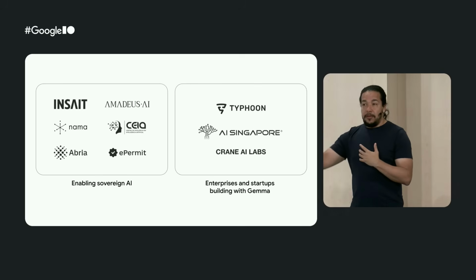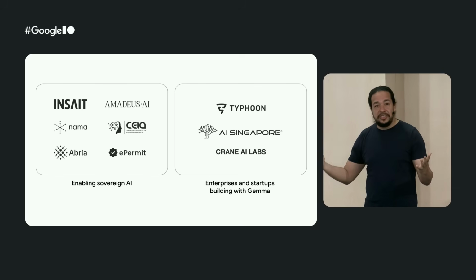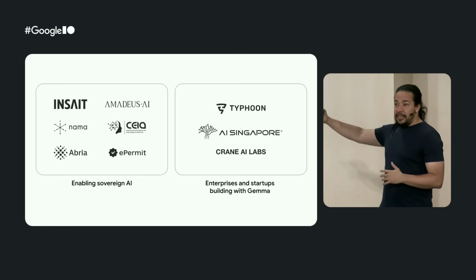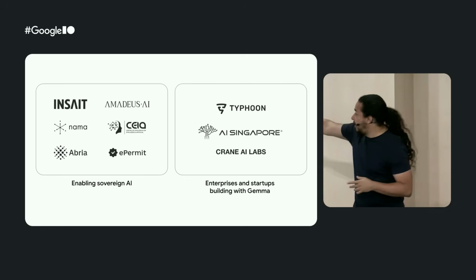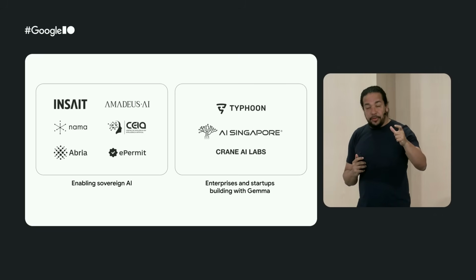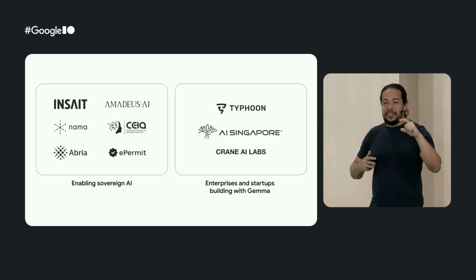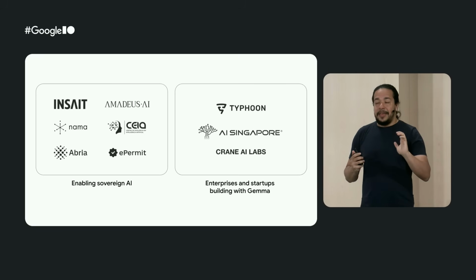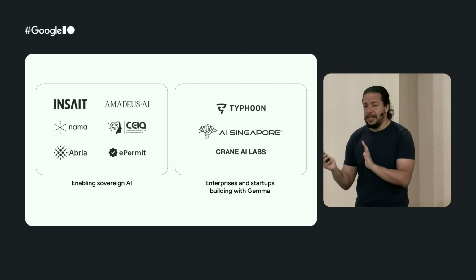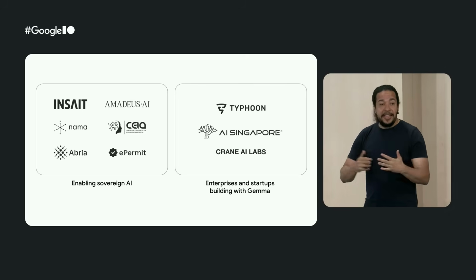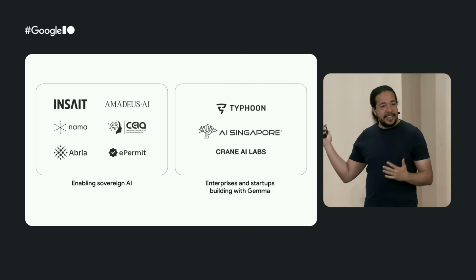More than that, we did some variants, but the community did a lot of variants. We have many colleagues who did multiple variants. We have some examples here. For example, Crane AI Labs. They took a Gemma 3 model and fine-tuned it to teach better Swahili, which impacts a lot of people. Gemma can do a little bit of Swahili, but they could do even better, and that enables way more people to have access to LLMs.